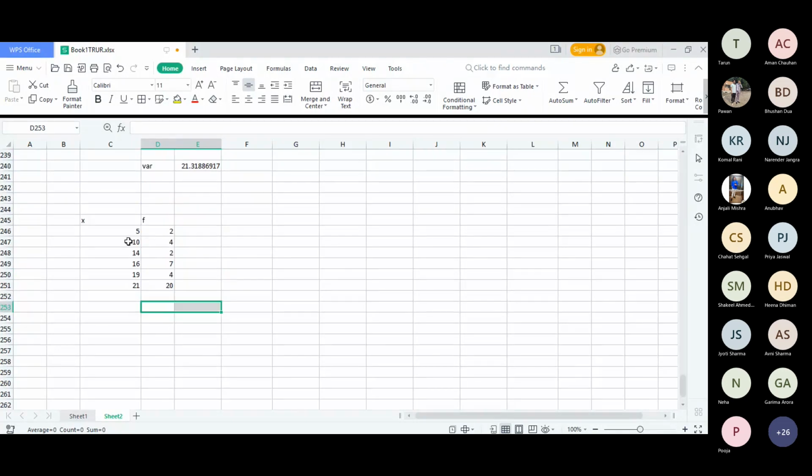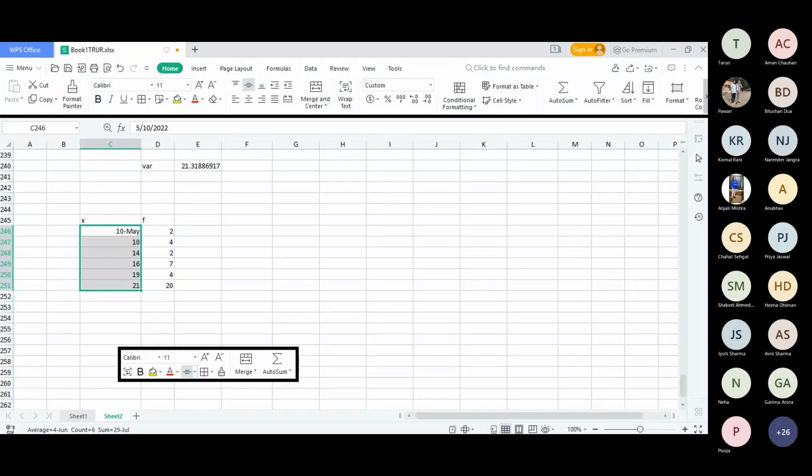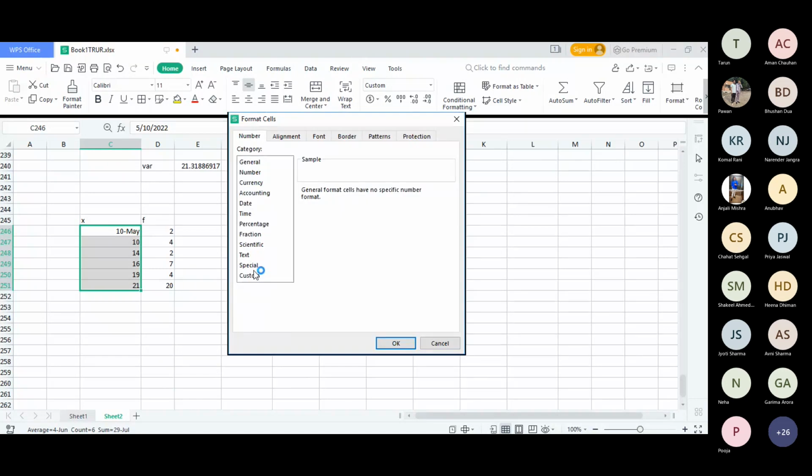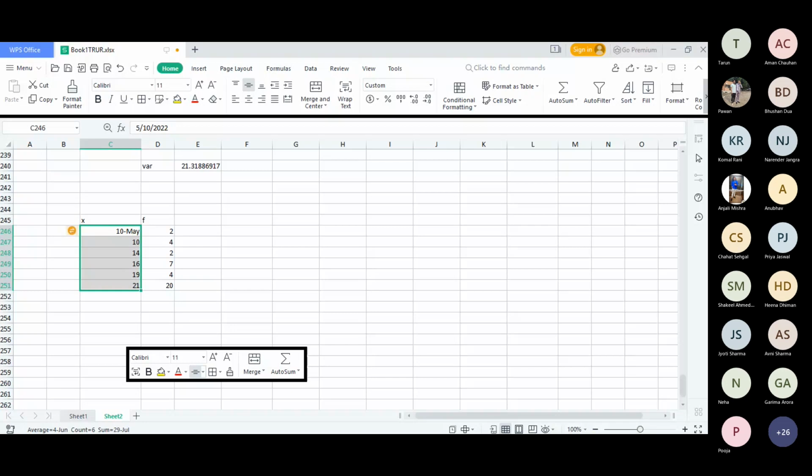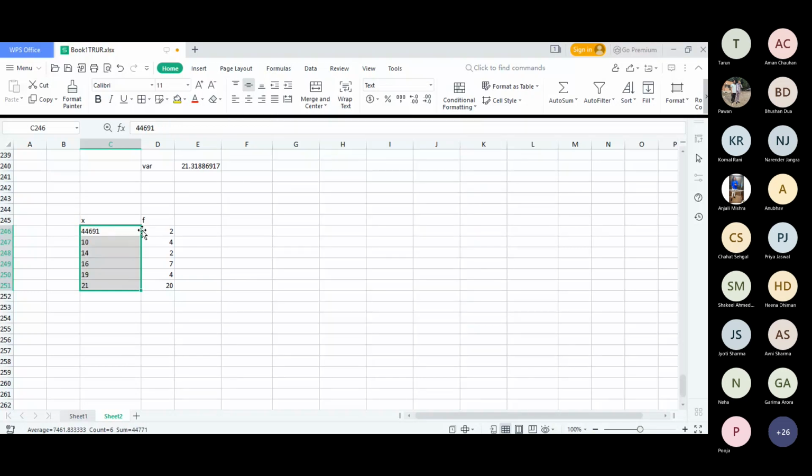Fine. So we'll take an example. Let's suppose this will be your data series: 5 to 10, then 10 to 15, 15 to 20, then 20 to 25, 25 to 30, and 30 to 35.